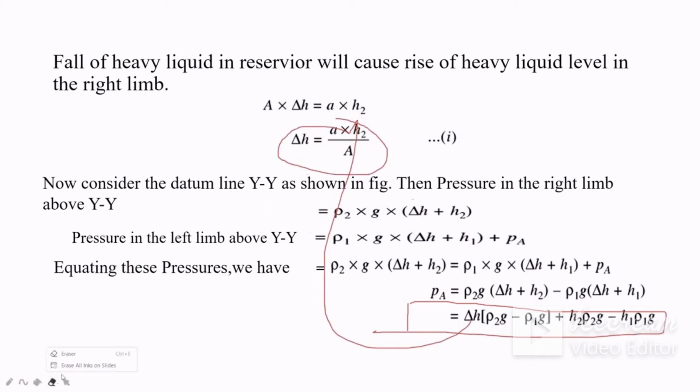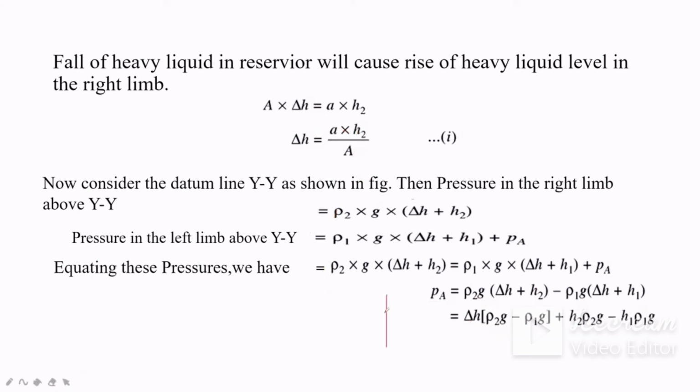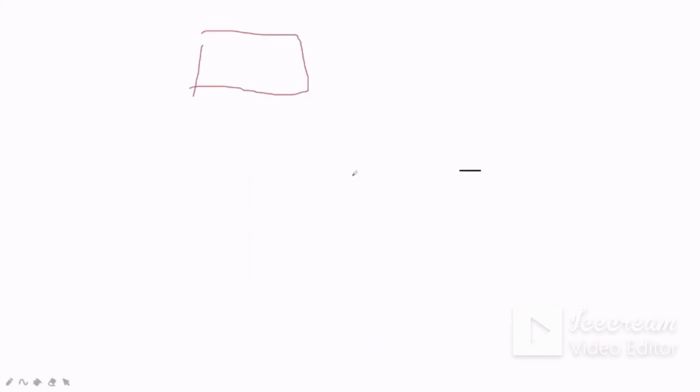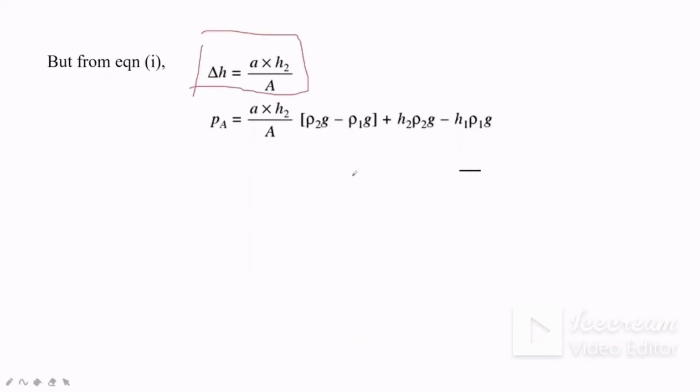In the place of delta H we will put the value A into H2 by A. Okay, when we substitute the value of delta H as A H2 by A, what will we get? We will get this equation. Okay, so we will have a question on this A ratio now.